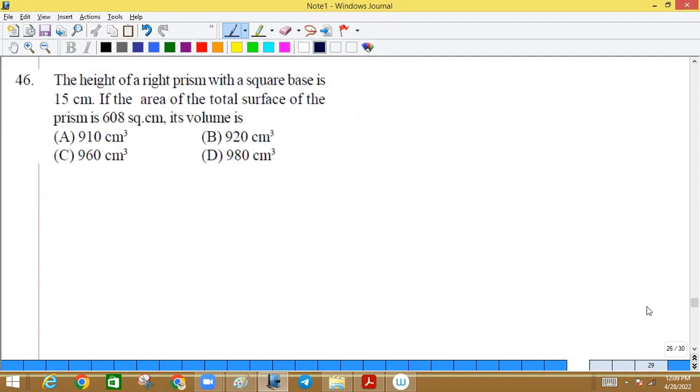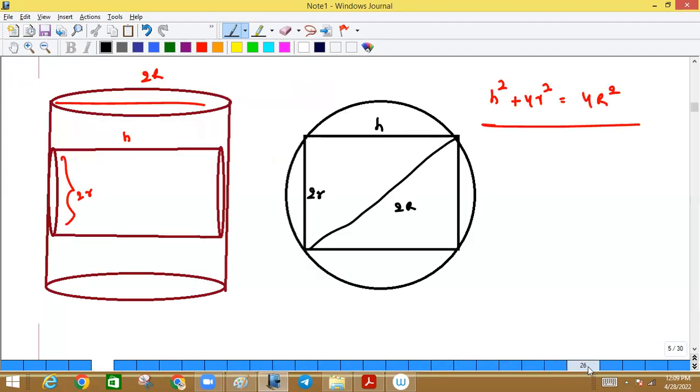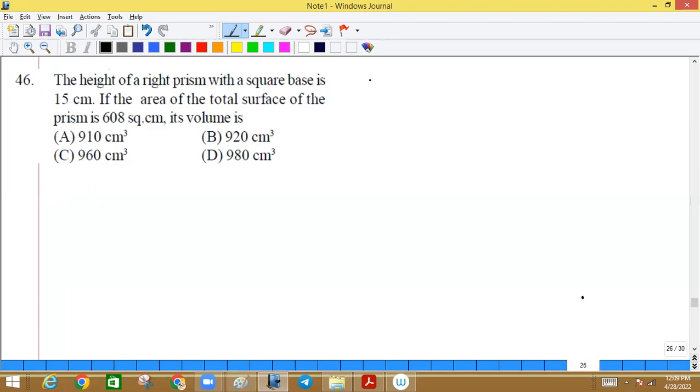The height of a right prism with a square base is 15 centimeters. If the area of the total surface of the prism is 608 square centimeters, its volume? Height is given as 15. Can you tell me what is the total surface area of a prism? It is lateral surface area plus 2 times base area.